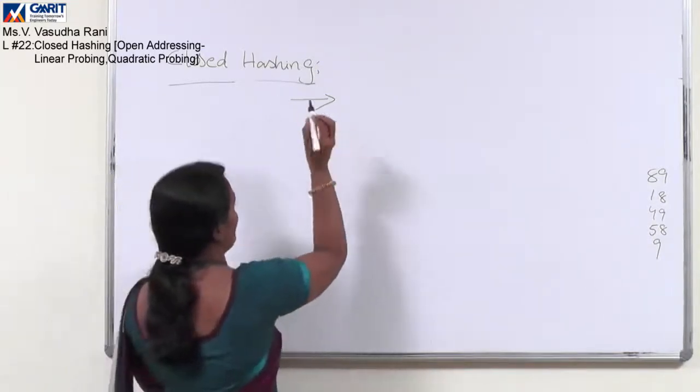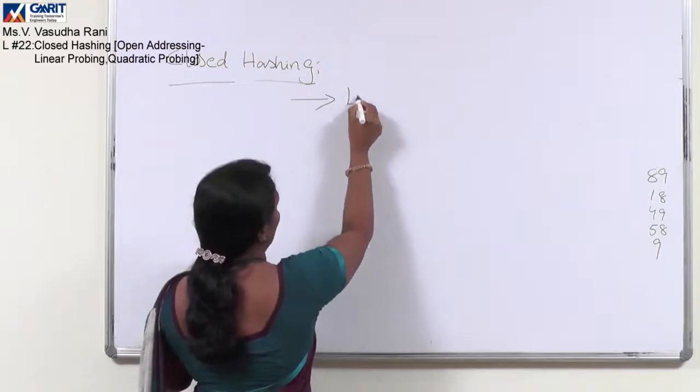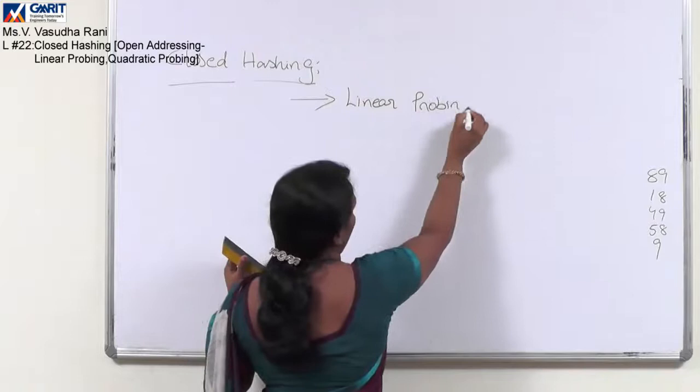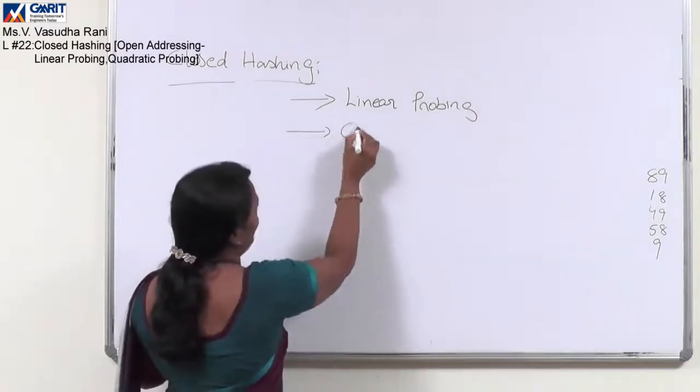Under closed hashing, we are going to see two methods: one is linear probing and the other is quadratic probing.